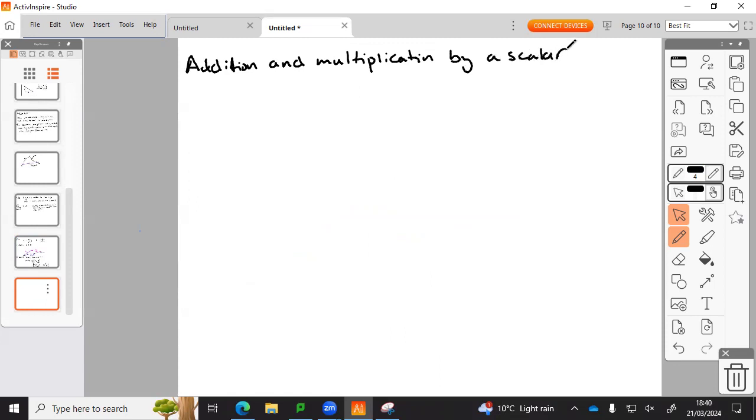Scalar is just a whole number, okay? So addition and multiplication of vectors by a scalar.